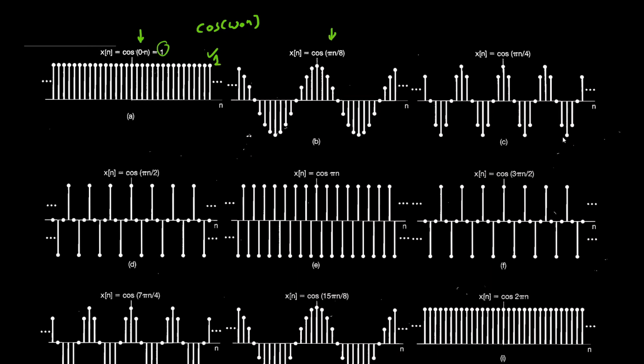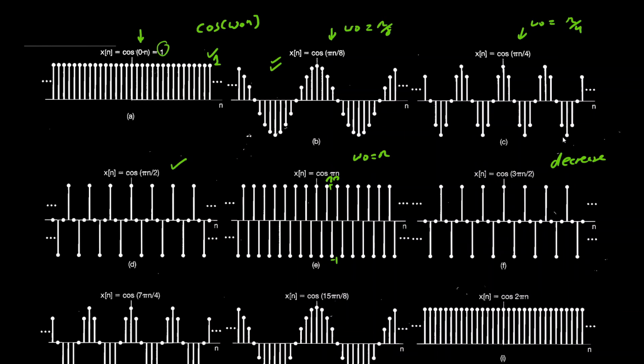But say we increase omega naught to pi by 8, now we would start to have some oscillations. Next, if we increase omega naught to pi by 4, the oscillation would increase. It would continue to increase until we reach omega naught equal to pi, where at every increment value we have one oscillation. So plus 1, minus 1, and so on. And then it would start to decrease.